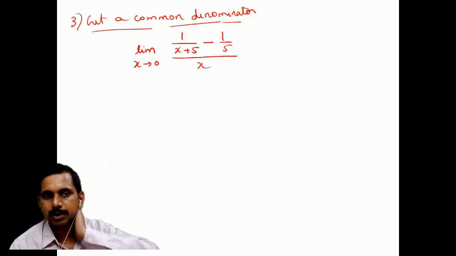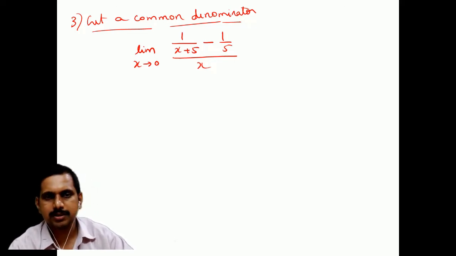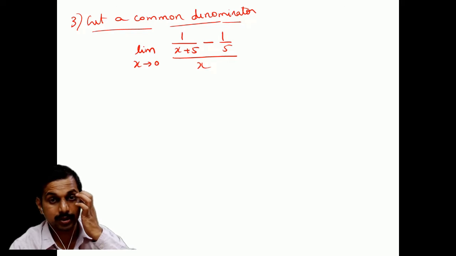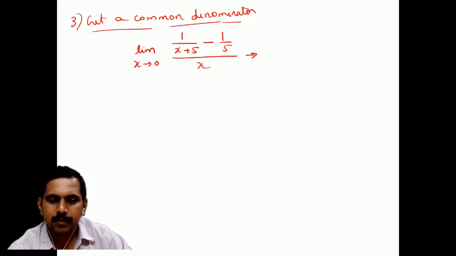This is a particular problem which is given. First step is to get the substitution. When you do the substitution, x is 0, so 1 by 5 minus 1 by 5, you'll get 0 by 0.